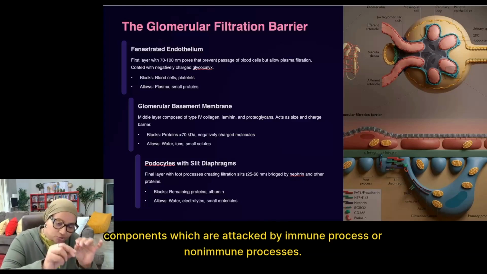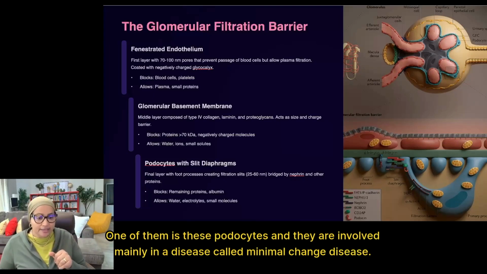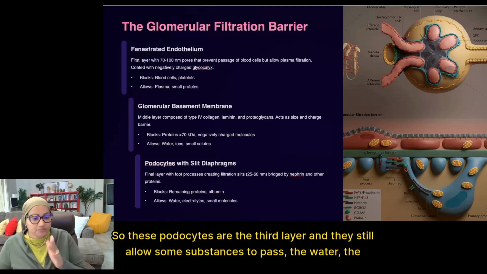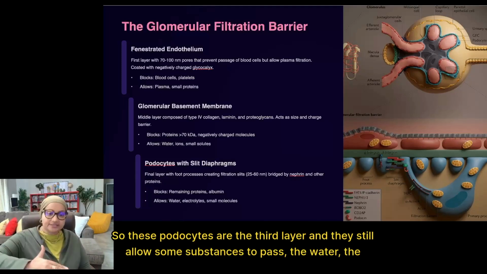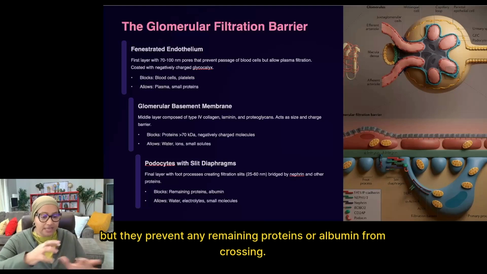These are the components which are attacked by immune or non-immune processes. One of them is these podocytes, and they are involved mainly in a disease called minimal change disease. This disease can affect children and adults as well. So these podocytes are the third layer, and they still allow some substances to pass, the water, the electrolytes, the small molecules, and so on, but they prevent any remaining proteins or albumin from crossing.